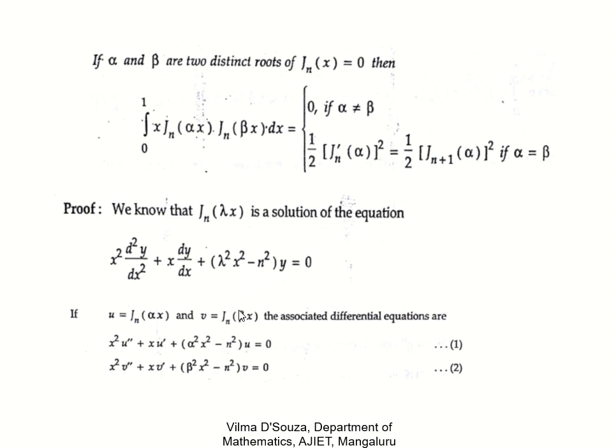And similarly for v, x square v double dash plus x into v dash plus beta square x square minus n square of v is equal to 0.